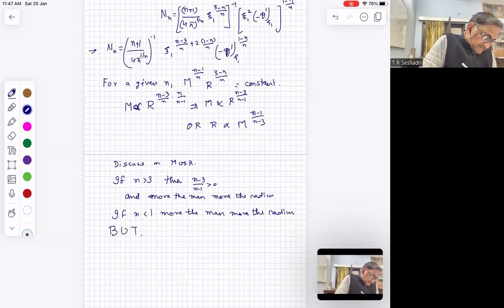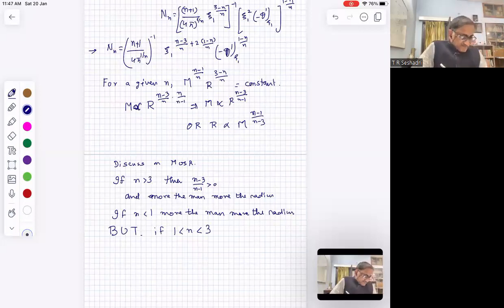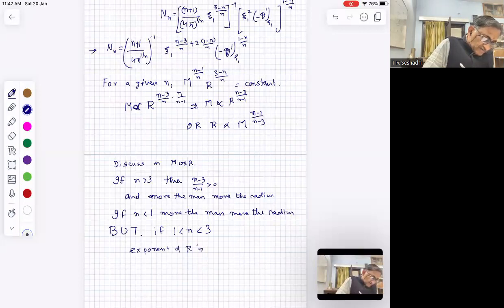But if 1 is less than n is less than 3, we have the exponent of R negative, less than 0.